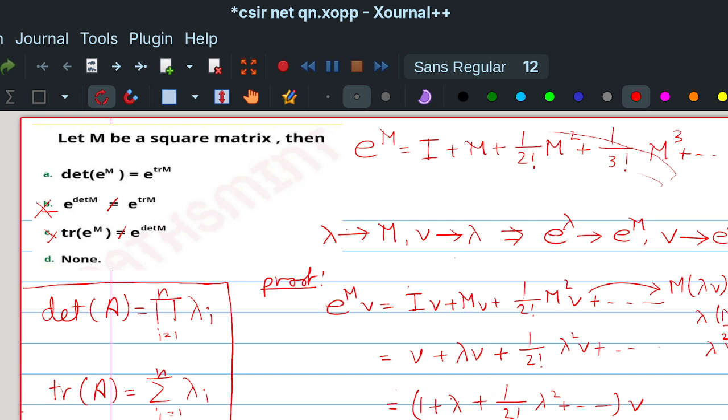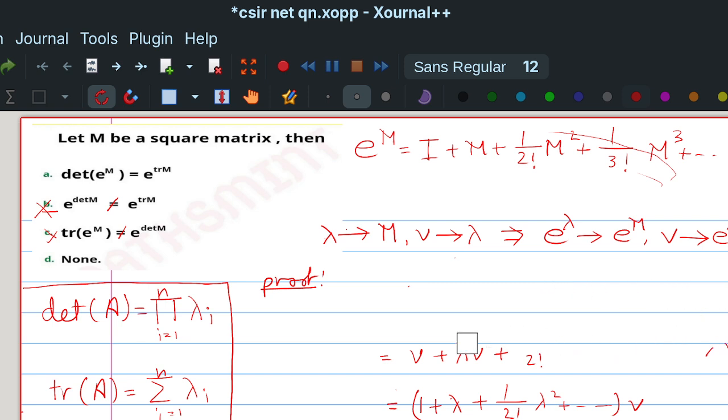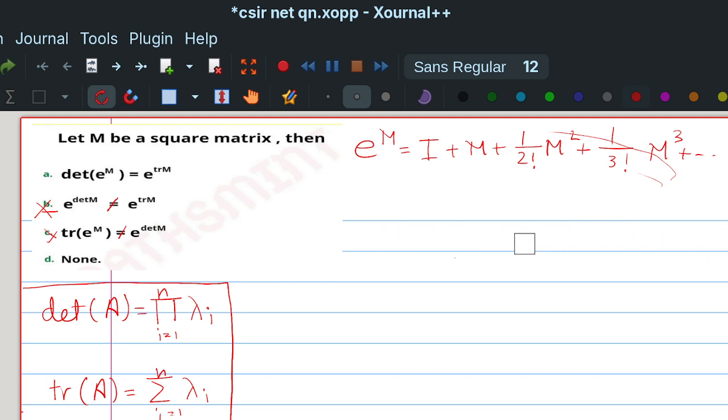Now we will apply these two results on e to the power M. So now option A, det of e to the power M. Since we know that all the eigenvalues of this are of the form e to the power lambda, det of e to the power M becomes what?